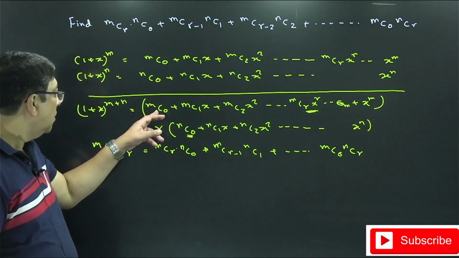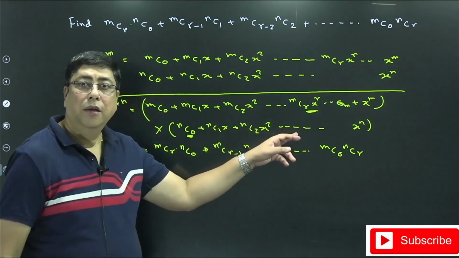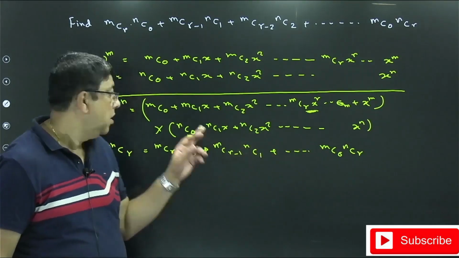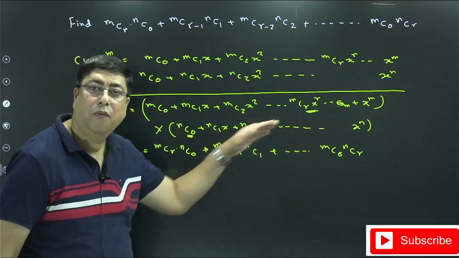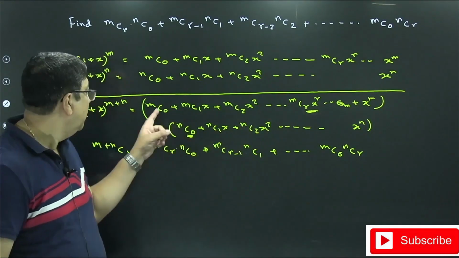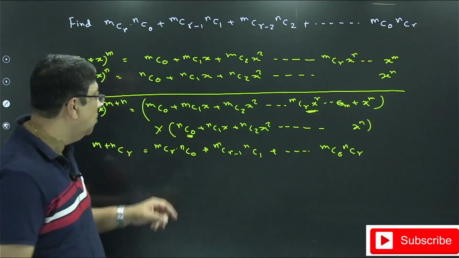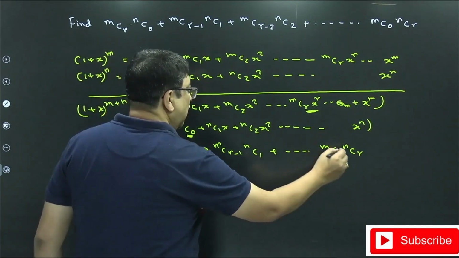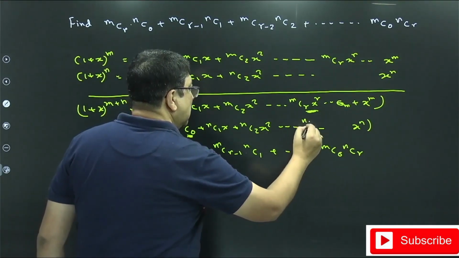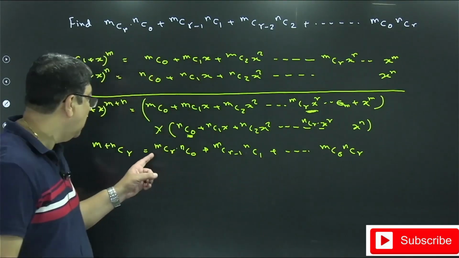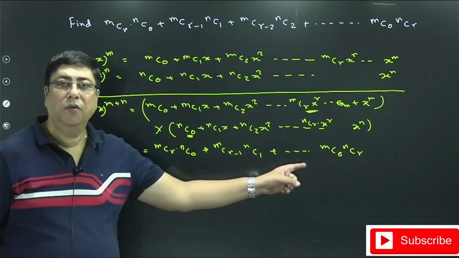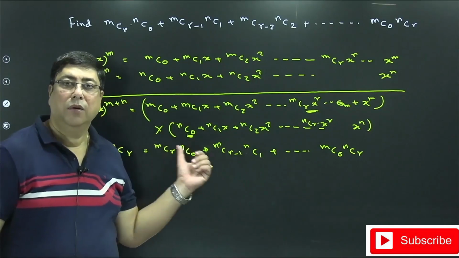If we see the last term mC0, because we come back for the m and go forward for the n, and nCr is present here, nCr into x^r. So if we take the common x^r, these are the coefficients of x^r. Let us equate on both sides.